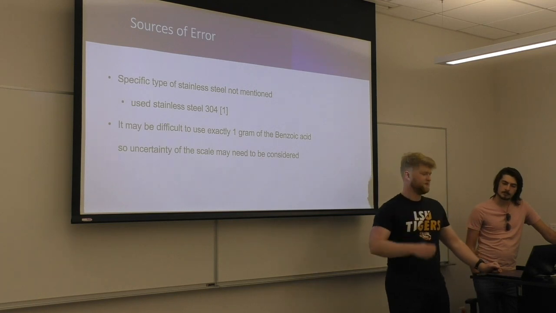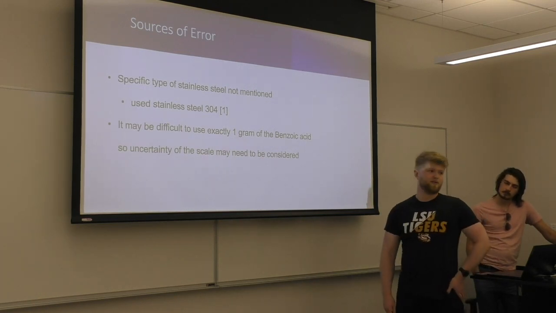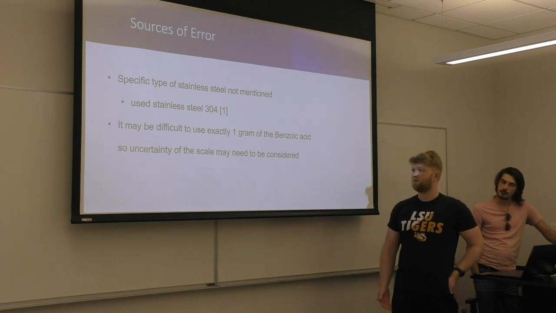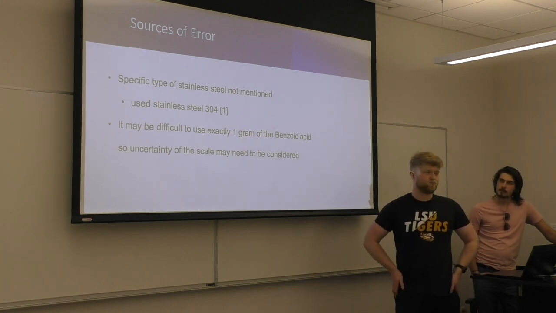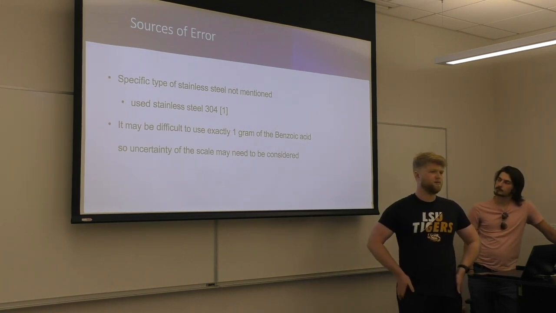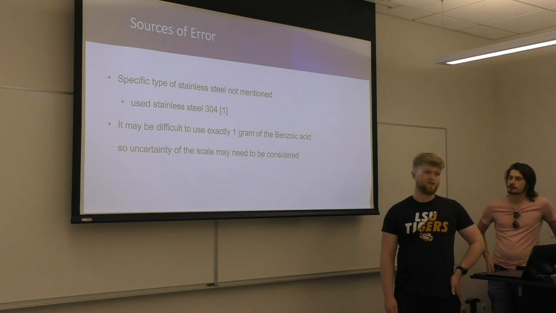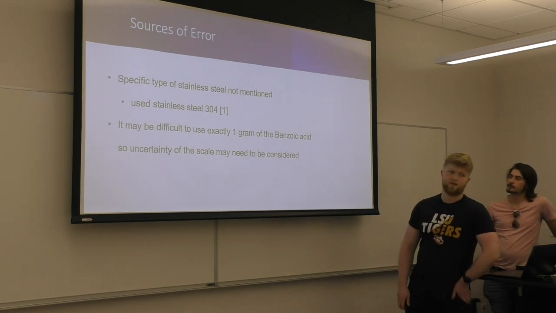And some possible sources of error. It wasn't specifically mentioned what kind of steel it was, so I just used a common one, stainless steel 304, but it's not known exactly which one we're using in the lab. Because there's a range between different stainless steels in their heat capacity, if it's not 304, that can contribute to some error.